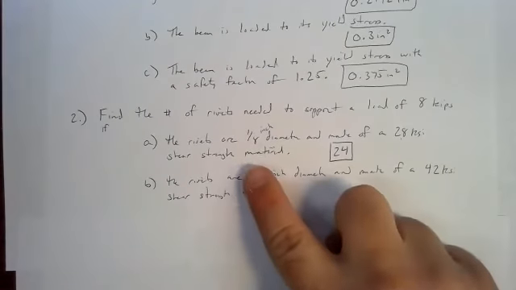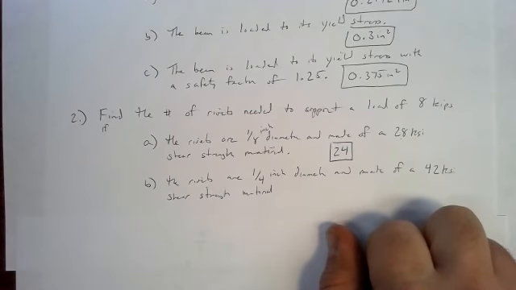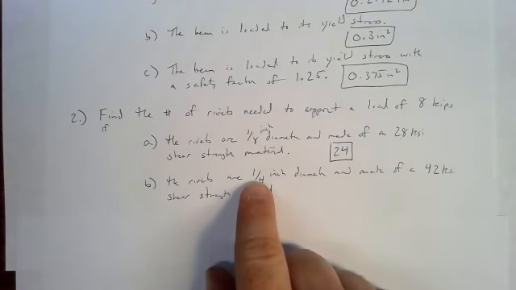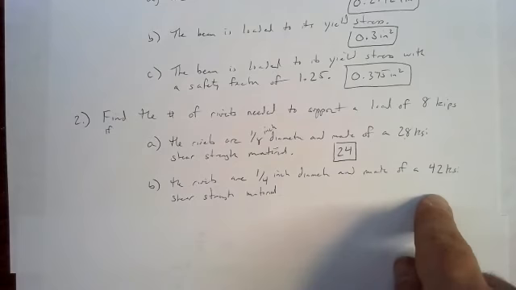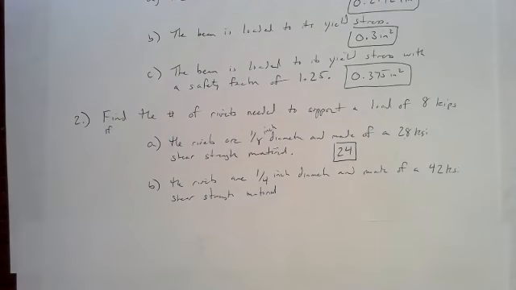Even if the diameter was the same, if we went with a stronger rivet, we could get away with fewer of them. These are also bigger rivets. These have twice the diameter, which means it's got 4 times the area. So these are bigger rivets and they're stronger. So we're not going to need very many of these at all compared to 24. So that's a prediction on where we'd be.